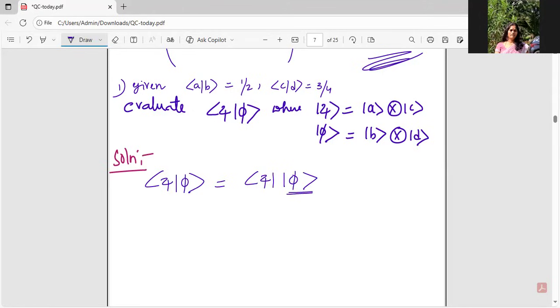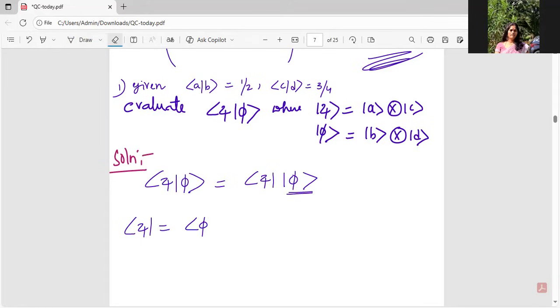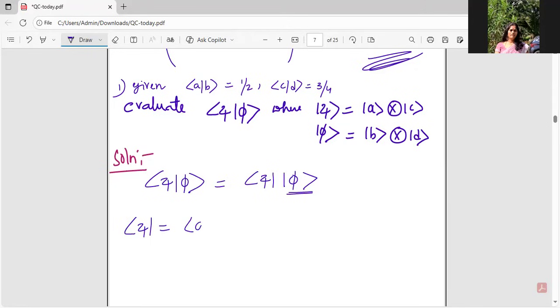So the dual of ket xi, that is bra xi, would be, see how will it be? Dual of ket A, tensor product, dual of ket C. Okay. So the same thing I will write in this.